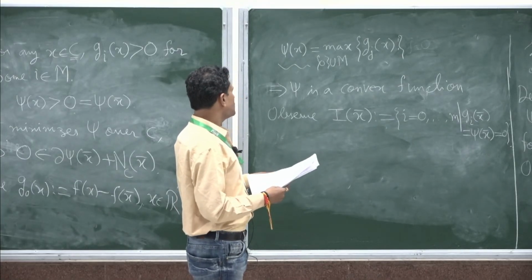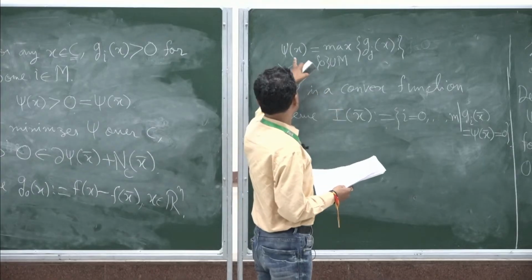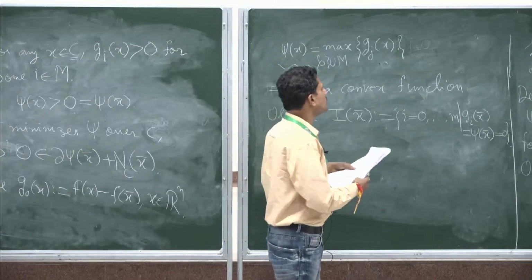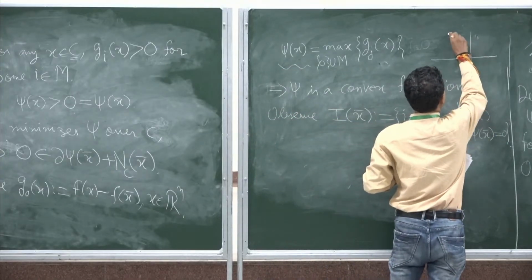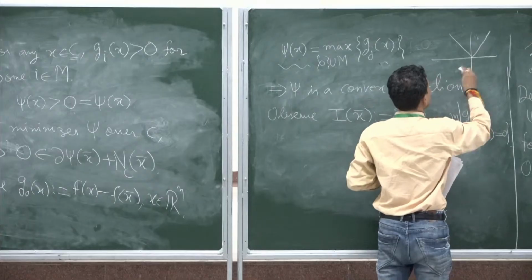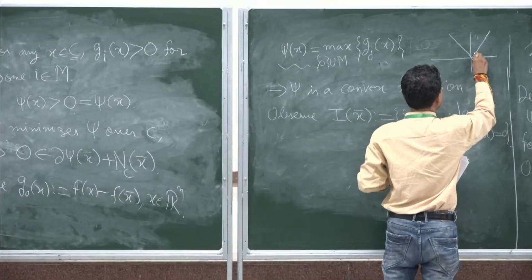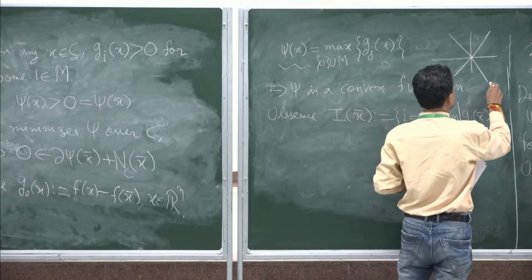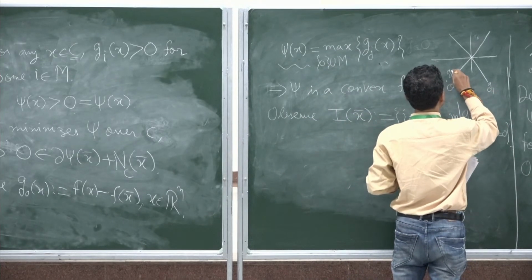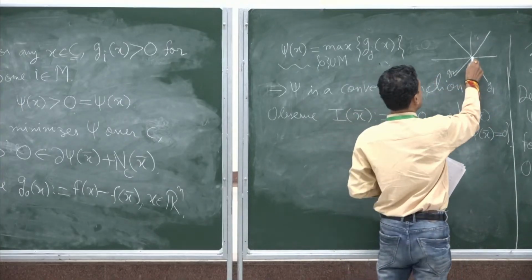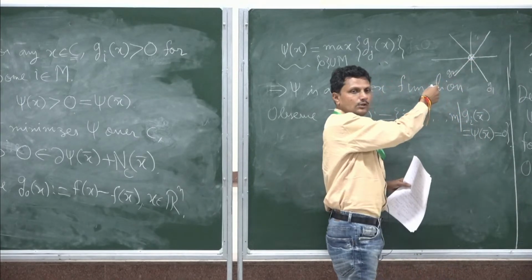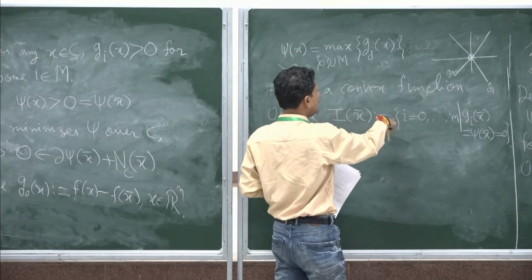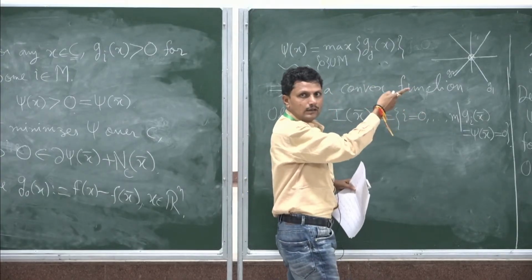So it is possible that at this point x bar, phi of x bar will take some functional values. For example, we have this function, which is actually the max of these two functions, right? Suppose this is g1 and this is g2. At this point it takes both the values of g1 and g2, so this index will contain both 1 and 2.